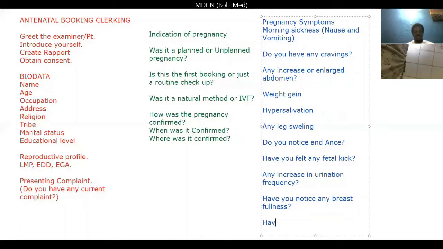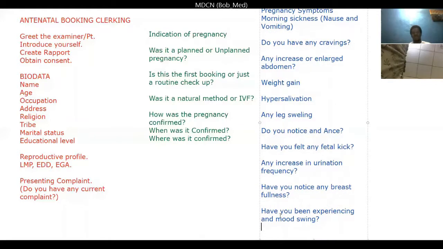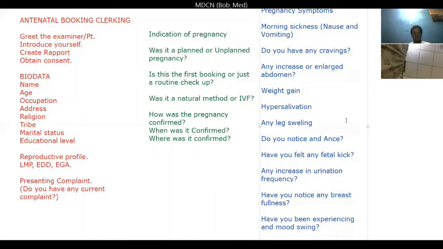I want to ask, have you been experiencing any mood swing? You understand? So there are a lot of questions you want to ask these patients. Some people don't eat certain foods, and so on and so forth. This is about 11 questions. So you really don't have much time, but this is enough questions to ask when you are clerking the patient.